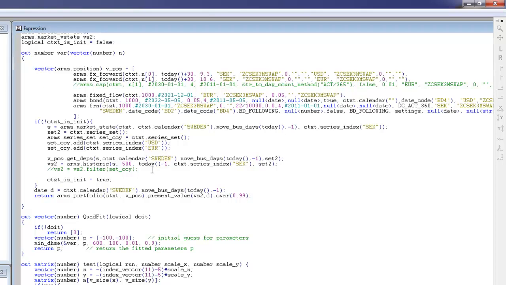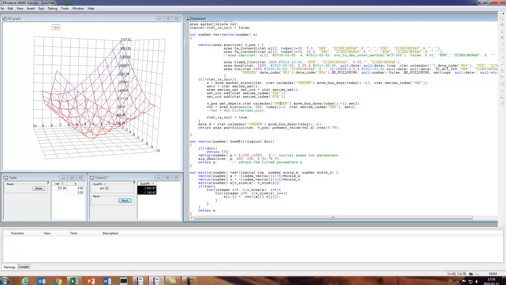So we compile, and now it's running. And what is happening now is the optimizer is actually calling the VaR. And since this is such a fast VaR engine, it will do a 500-day historic calculation and calculate the CVaR, expected shortfall, for each iteration that the Downhill-Simplex is running.